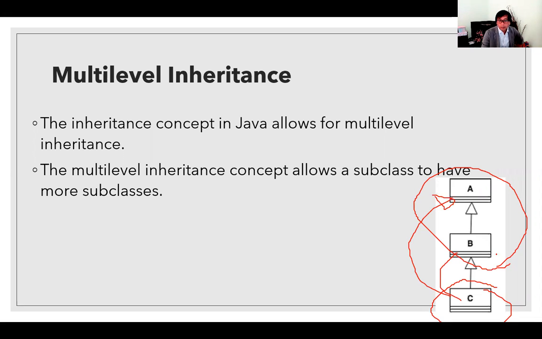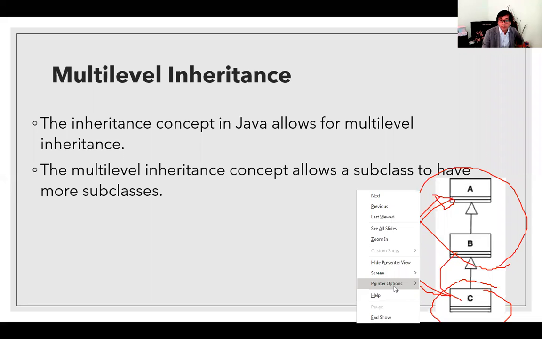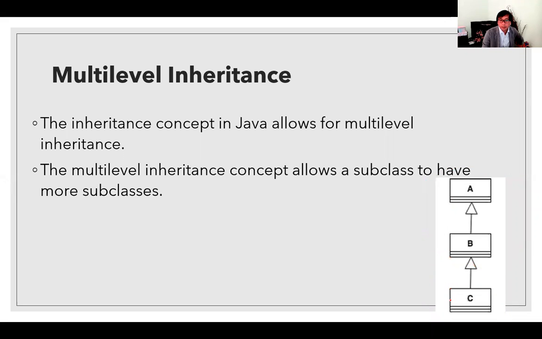So by having this kind of inheritance concept, it is not necessary for C to have a direct connection with the class A. It only needs to connect with the class B itself.